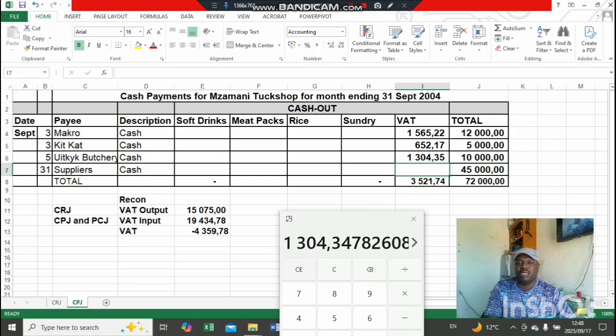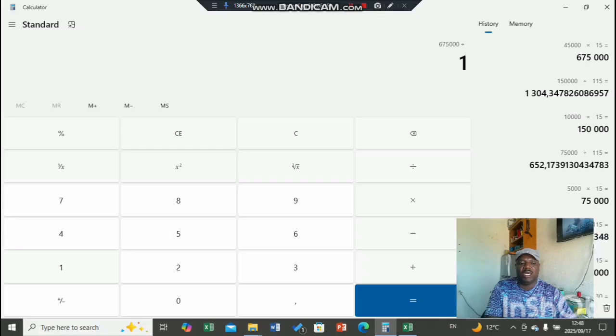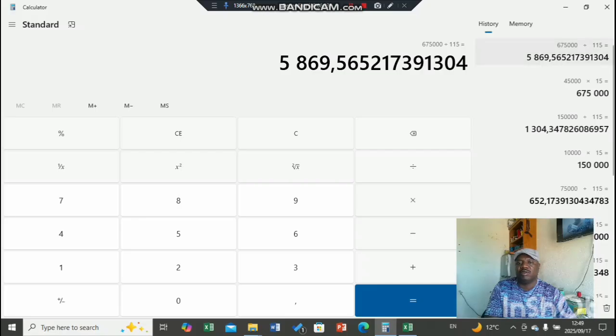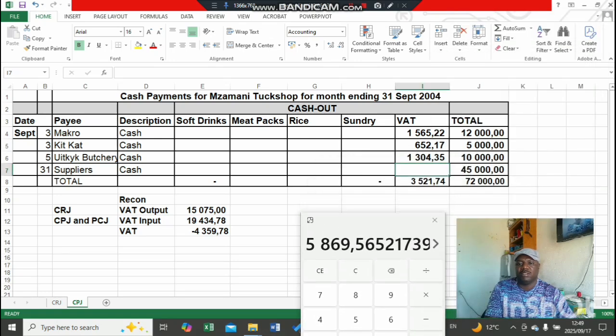We go back to our calculations: 45,000, charged by suppliers including VAT, multiply by 15, divide by 115. How much? That's the amount, 5,869.57.